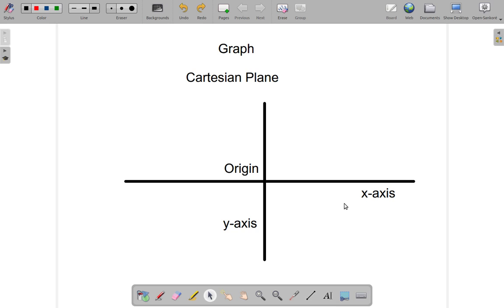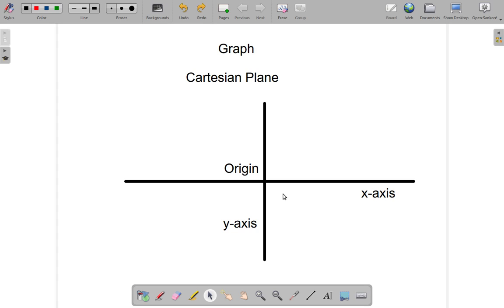So you have the x-axis and the y-axis. The point of intersection, that is where they cross, you call that the origin, usually represented by the letter O and the point 0, 0, alright? We're going to be looking at the numbers in a few minutes, or maybe next time if we don't have enough time in this video.